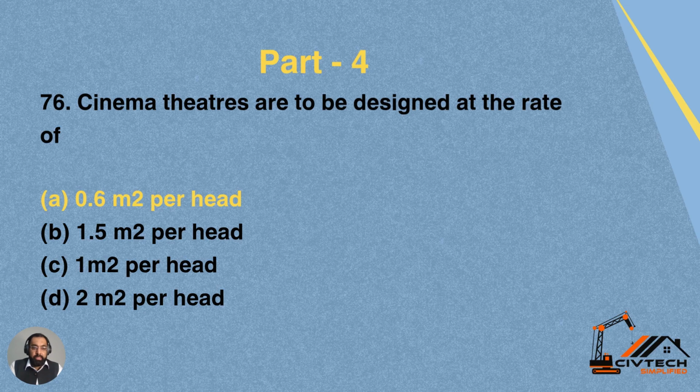Options available are A, 0.6 meter square per head, B, 1.5 meter square per head, C, 1 meter square per head, or D, 2 meter square per head. Normally engineers provide 0.6 meter square per head in the cinema hall.